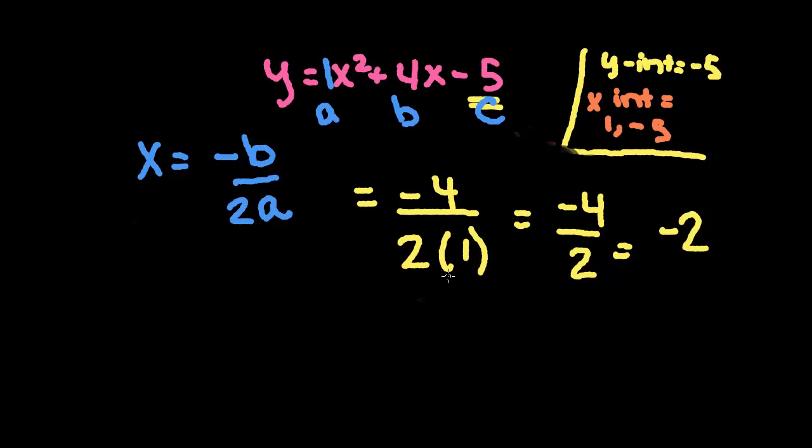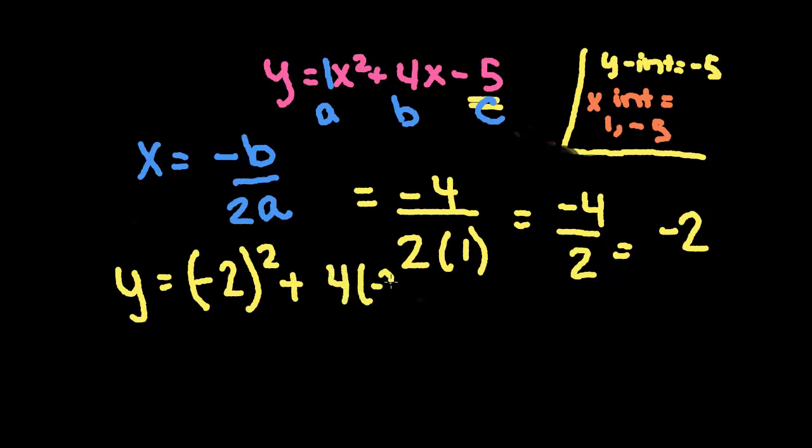That is the x-coordinate of my vertex. So I now have to plug that in to find the y-coordinate. So I'm going to do y equals negative 2. Make sure you always put negative numbers in parentheses. Squared plus 4 times negative 2 minus 5.